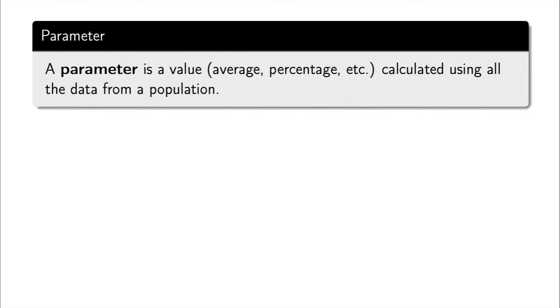Then the population is all high school students in the state of Utah. And if I can find out some number that describes all students in the state of Utah, that would be called a parameter. So maybe I'd like to know the average IQ of all high school students in Utah. Well, that would be a parameter. Now, it's not really likely that I'm going to find that number, okay? But the parameter is the thing that I want to figure out as close as possible to, okay? And it's the number that's the hardest to find because you would need data from every individual in the population.